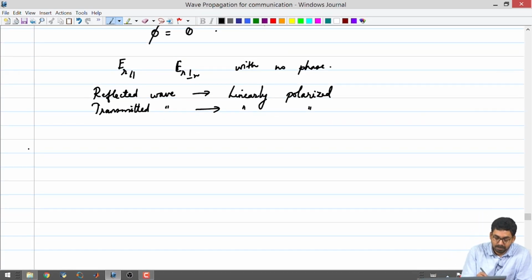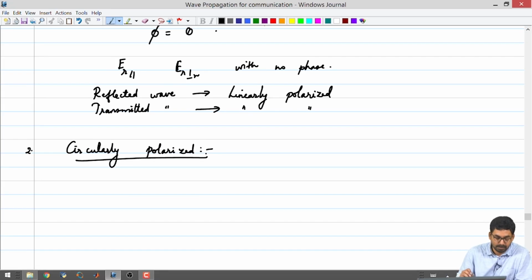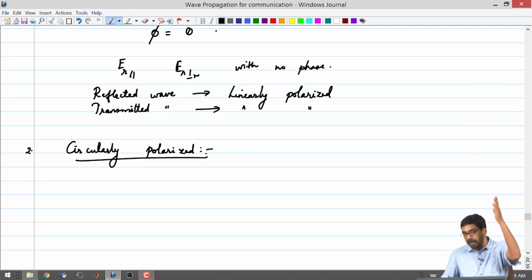So, then we can take another scenario, if your incident wave is circularly polarized. Okay. So, for a circularly polarized wave, in the prior lectures we had seen that mod Ex was equal to mod Ey and a phase difference of plus pi by 2 or minus pi by 2 was present between these two.